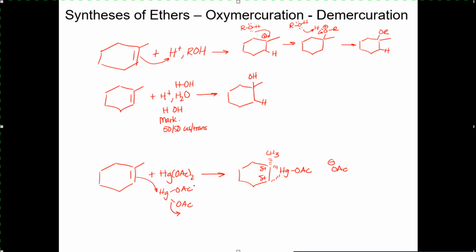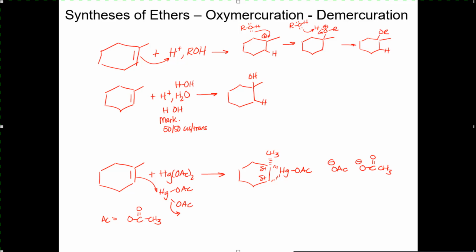And if you're saying, oh, I forget what an acetate is, this is an acetate. In this case, it would be a deprotonated acetic acid. So we form this mercurium ion, which looks strangely like a bromonium ion.